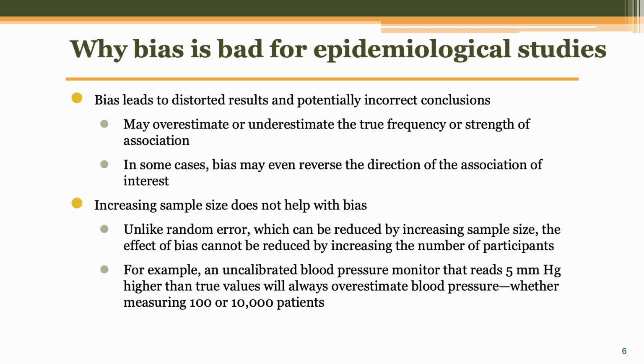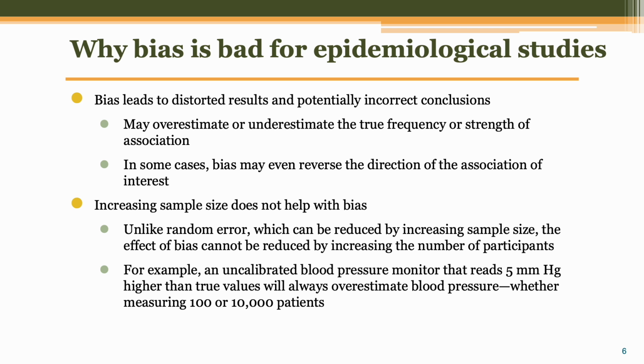When conducting epidemiological studies, we always want to avoid or reduce bias, because it can lead to distorted results and potentially incorrect conclusions, such as overestimating or underestimating the true frequency or strength of association. Sometimes it can even reverse the direction of the association of interest, for example, suggesting a protective effect of a harmful exposure.